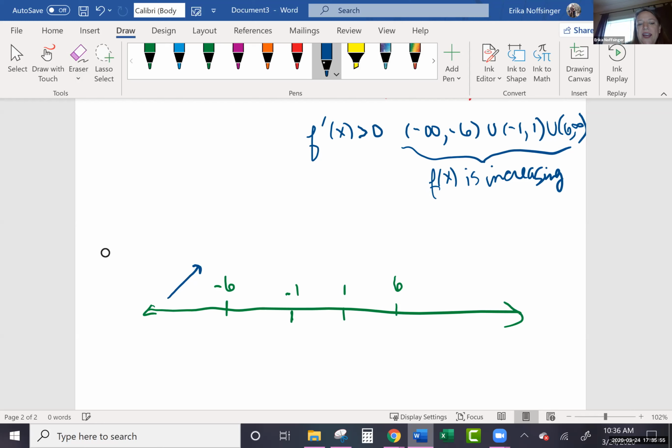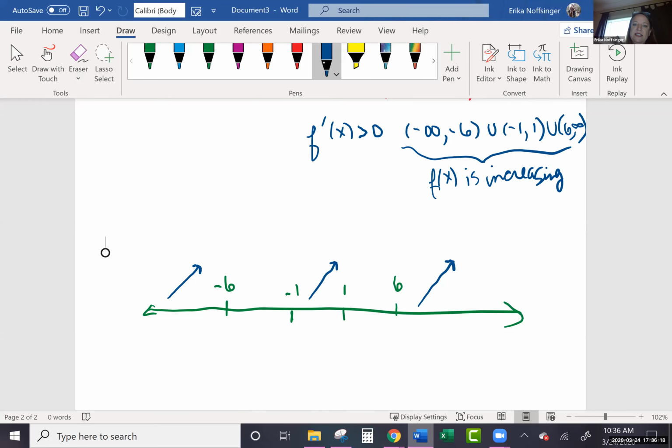I'm going to write part of my graph going up from left to right. We also saw that it was going up from left to right from -1 to 1, so I'm going to put an arrow up left to right. And also it is going up left to right from 6 to infinity.